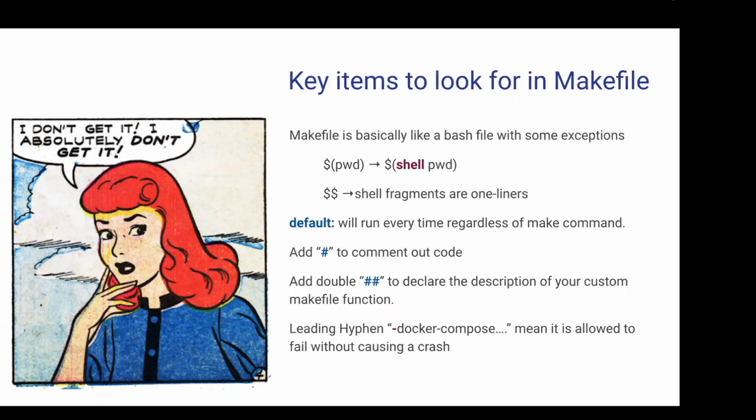The hyphen in front of a few commands, like the one I have in this example here, docker compose whatever it might be, means that if it fails, it will silently ignore the failure and keep moving on. Sometimes, like when you do make down or make clean and there's nothing running, it's trying to kill a service that doesn't run.